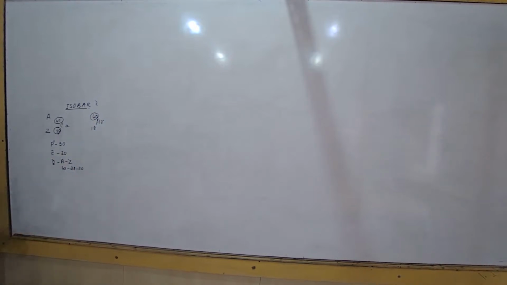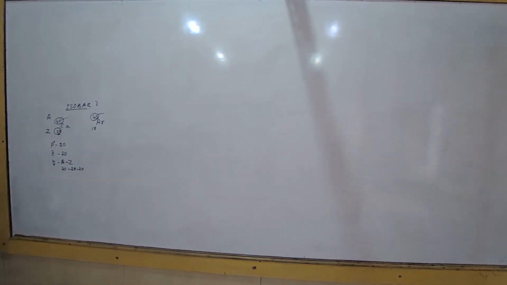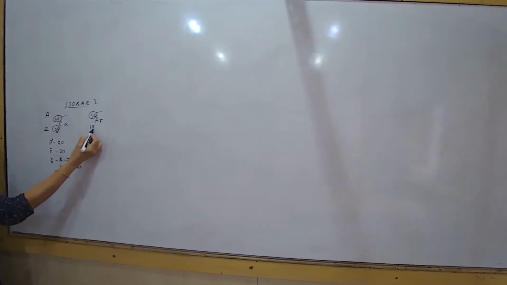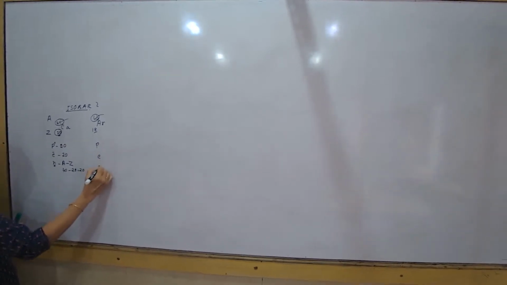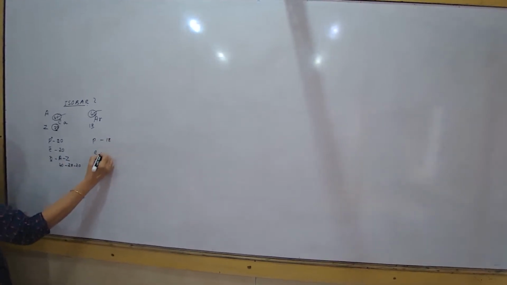Did you notice something here? What is similar? The atomic mass number. Are the atomic numbers similar? No. So let's calculate now how many protons, electrons, and neutrons. Protons, how many? 18.